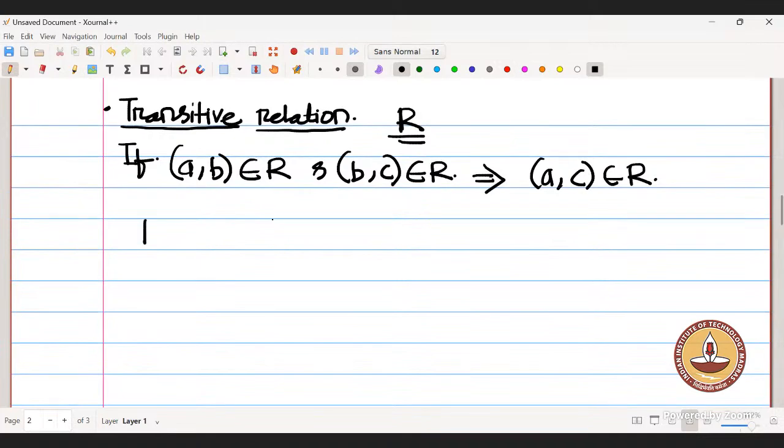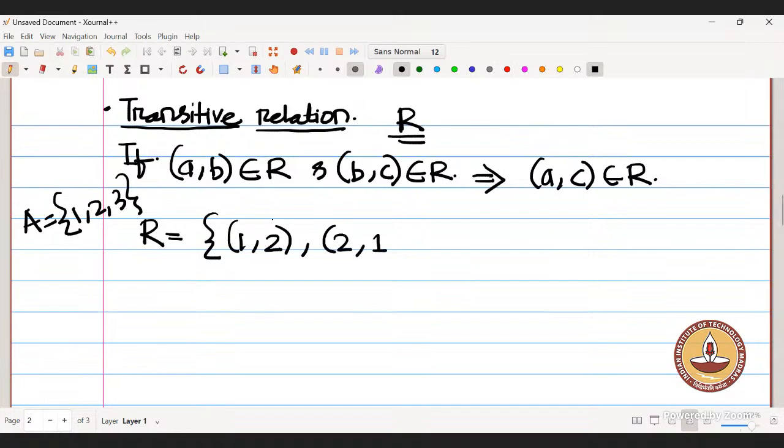So again, let's take a relation on the set {1,2,3}. So this is my set. So let's say (1,2), (2,1), (3,3). So is it a transitive relation?